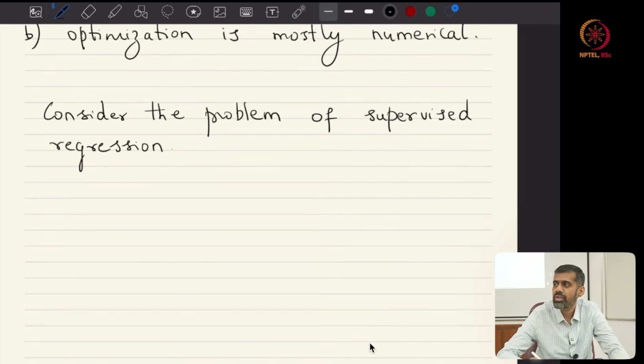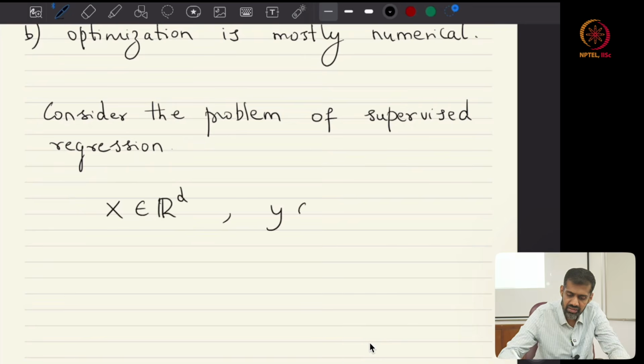Shall we do it in one dimensions for ease? Okay, so I can make my x to be in R^D and y is in R, and the data that I have is as follows.